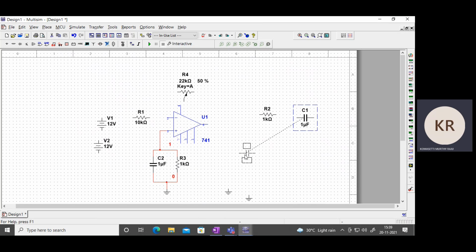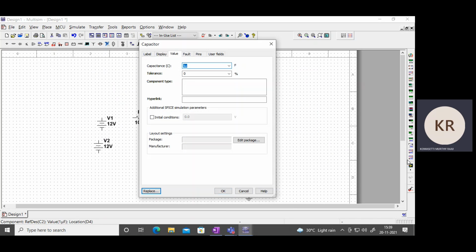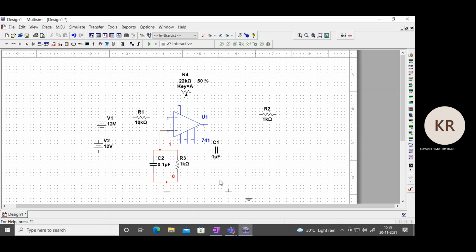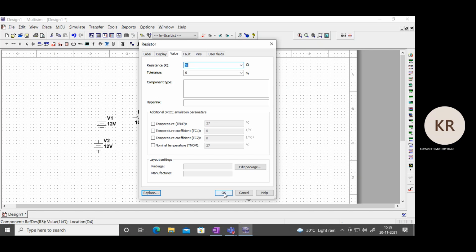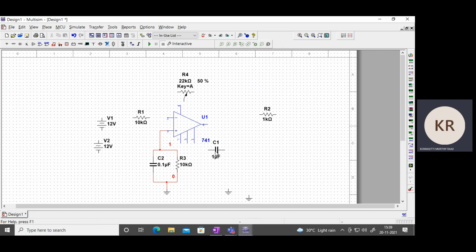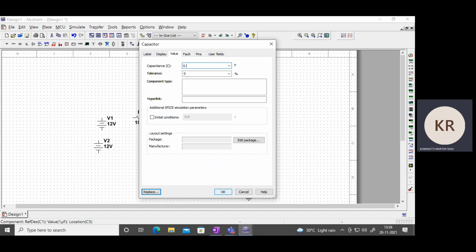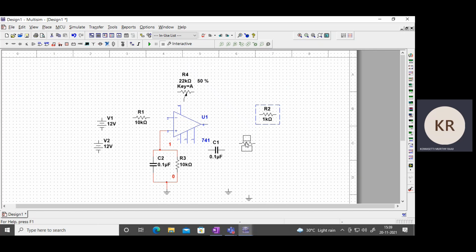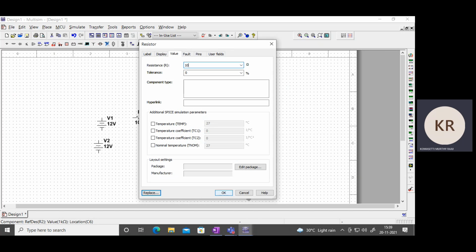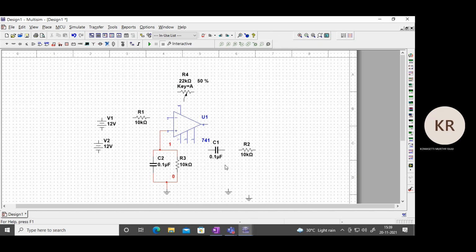And the series capacitor here. Change the values. This value is 0.1 microfarad. This value is 10 kilo ohm. And this value is 10K.